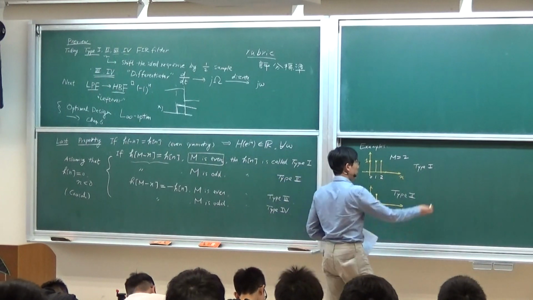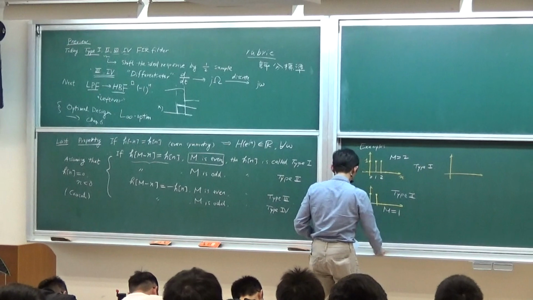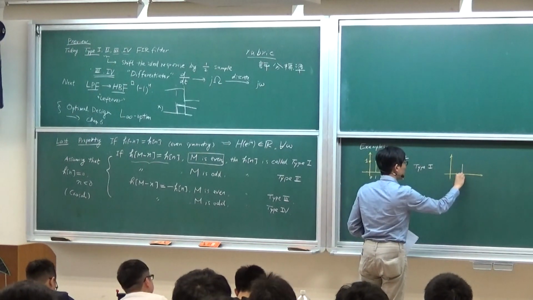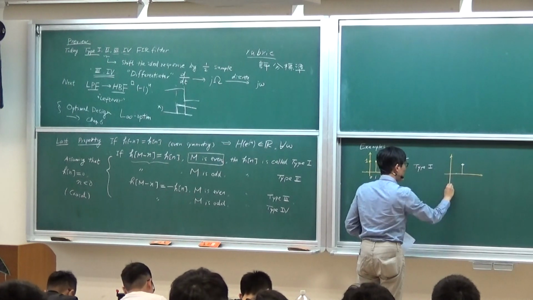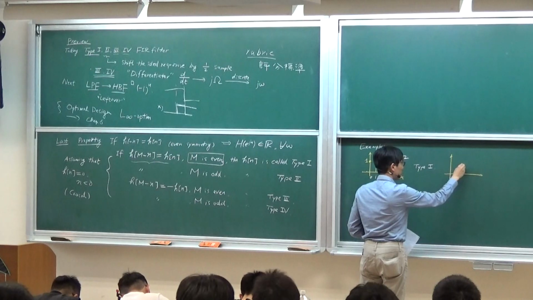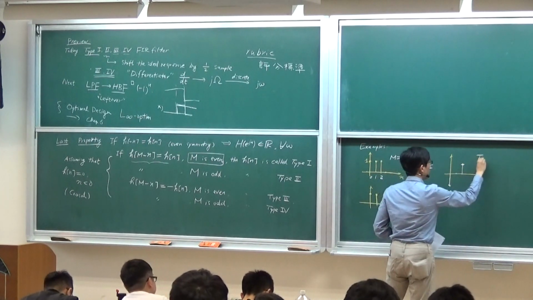Also quite straightforward. Let's draw an example of type 3. What would be an example of type 3? An example would be something like plus and minus, an anti-symmetric relation. So this would be a type 3.